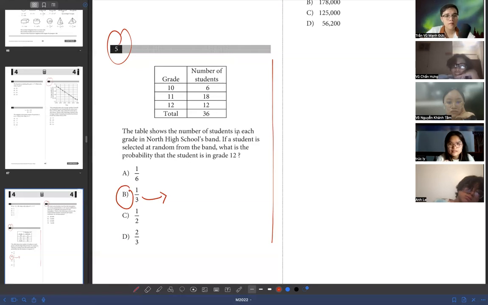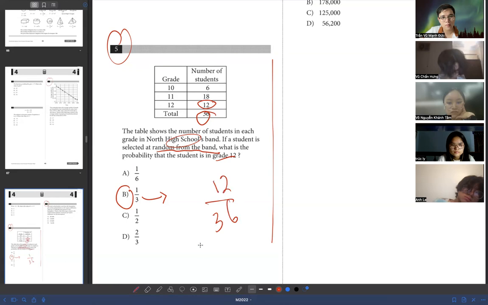Right, exactly. If a student is selected at random, what's the probability that they will be in grade 12? You have 12 students in this grade, and the largest size possible is 36, so 36 is the denominator. 12 divided by 36, and you have 1/3.